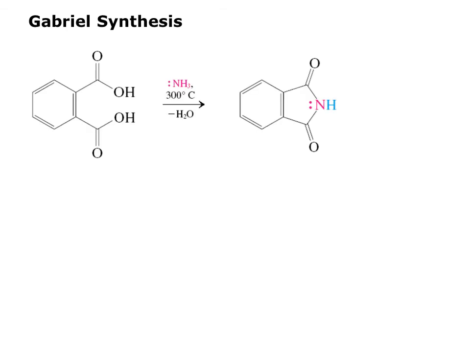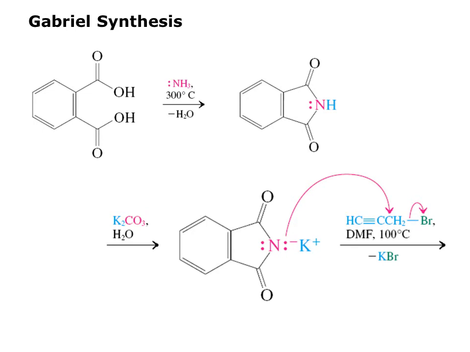The Gabriel synthesis is another way this can happen, where we can add an amine to a system that's going to be restrictive in what can happen to the nitrogen afterwards. So here, if we have a very strong base, we can end up deprotonating that amine and have it act as a nucleophile again onto some sort of R group attached to a bromine, same type of SN2 reaction.